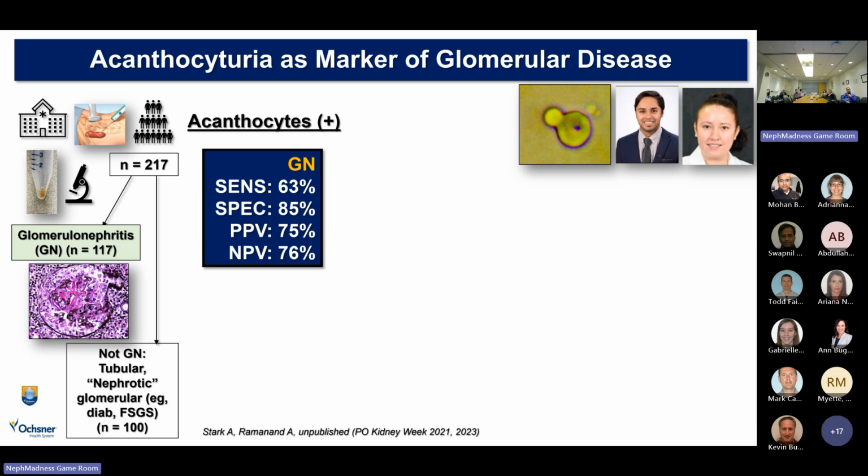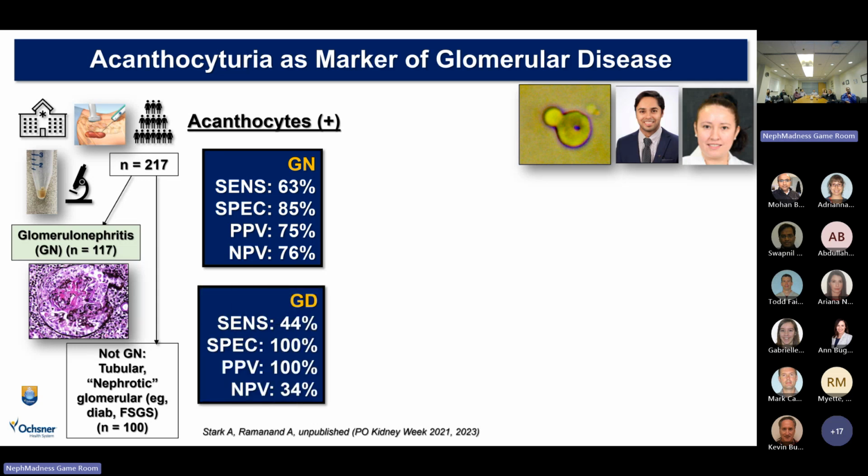But if you include all glomerular diseases, including diabetic nephropathy, focal segmental glomerulosclerosis, and we just look at the performance of acanthocytes for glomerular disease, now the specificity and the PPV turned to 100%. So essentially, acanthocytes equal glomerular disease. Usually GN, but it may not be a GN.